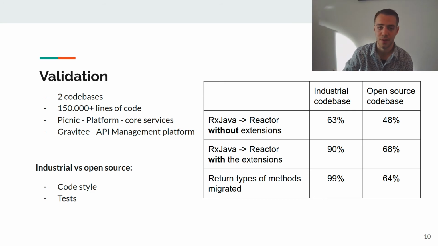That prevented some Refaster templates from matching, and therefore cleaning up the code and removing ArcJava usages. For the tests, there were a lot of tests that used local variables, and therefore we could also not use all our Refaster templates there. Those are the reasons for that.